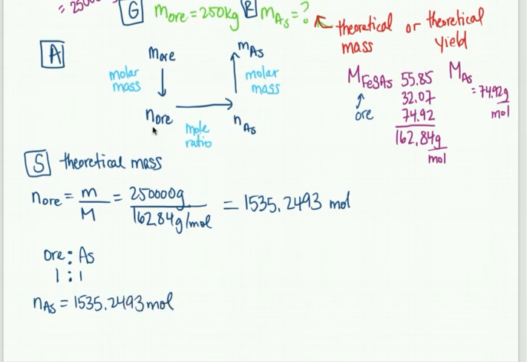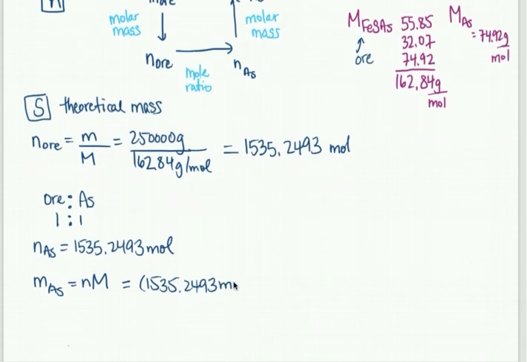Okay, all right, so that step's done. Now we just have to get to the mass of arsenic. So we're going to do that by taking the amount and multiplying by the molar mass of arsenic. The molar mass is 74.92 for arsenic.